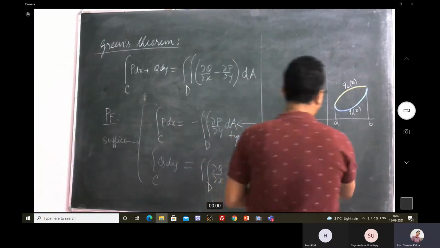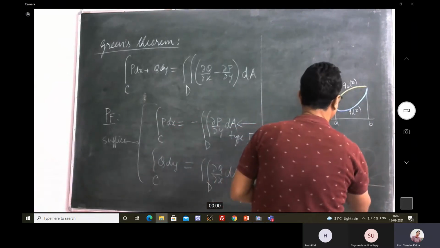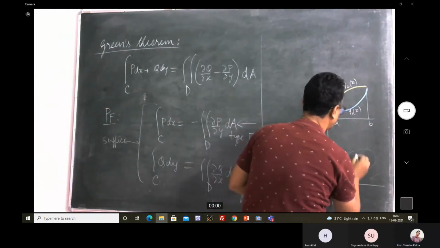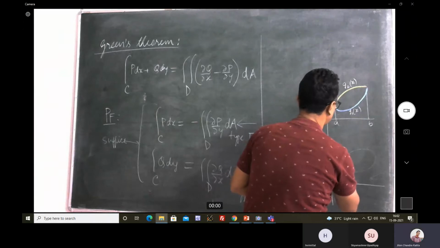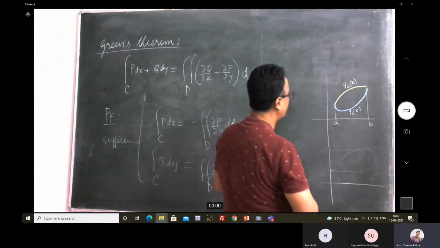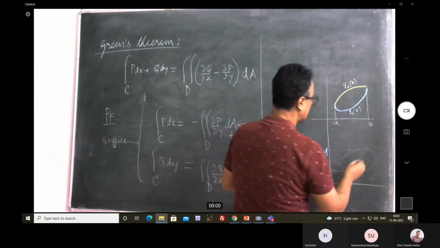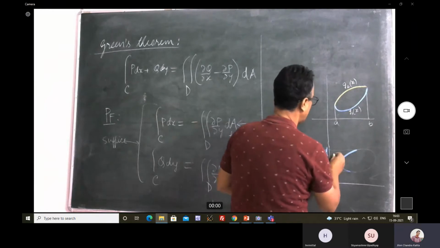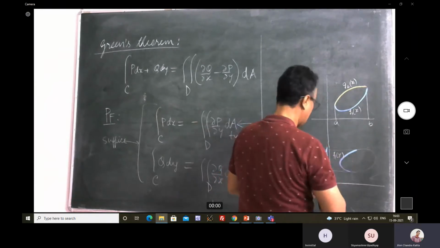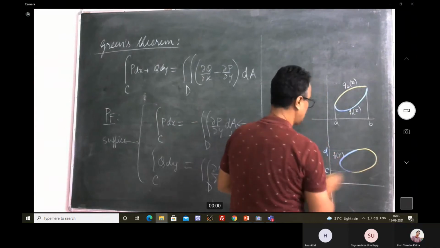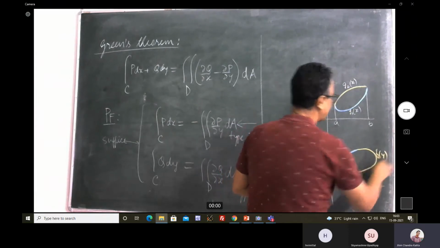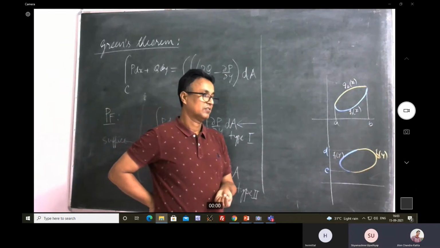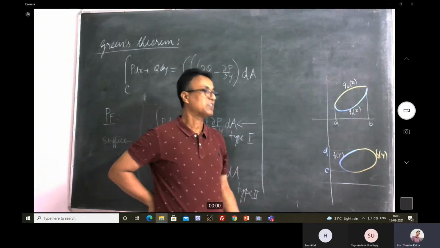Or, for the same region, I can use this interval, and consider these to be f1(y) and these to be f2(y). So a simple region is going to be something like that.